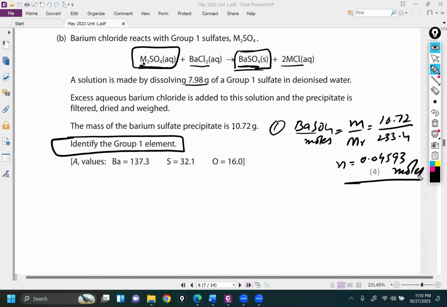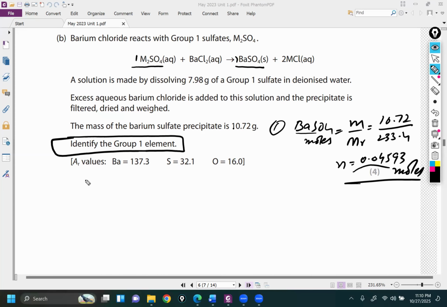Okay. Now look here in the question. The relationship, the link between the moles: this is 1 mole and 1 mole. If 1 mole of barium sulfate is produced, this is also 1 mole. But the barium sulfate produced is 0.04593 moles.